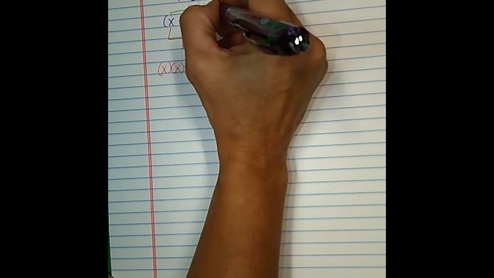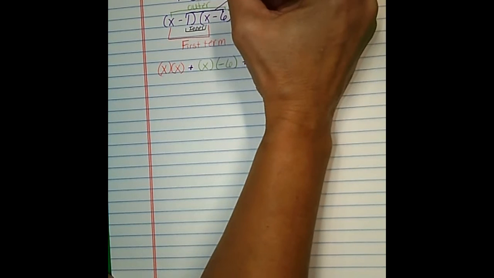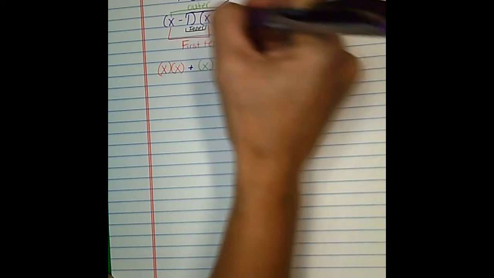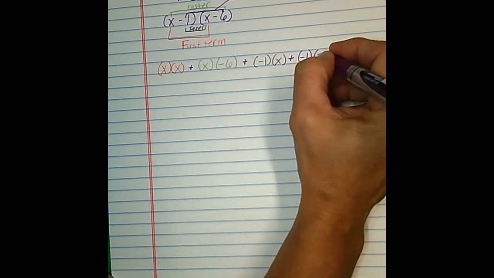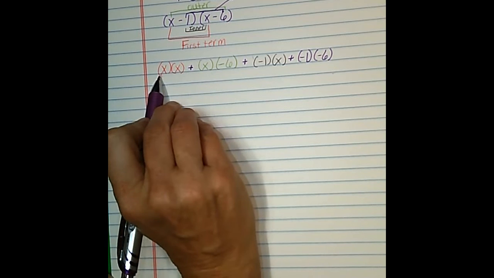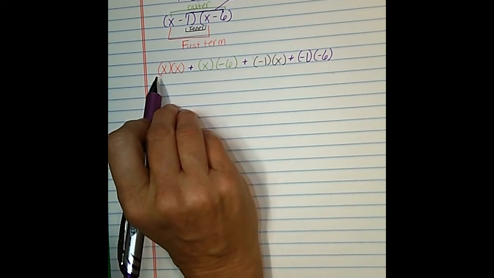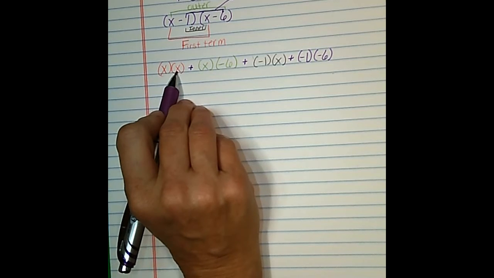Now we're going to do our last terms, and I'm going to go ahead and use this purple ink. My last terms in each parentheses, and this one stands for last term, and it is negative 1 times negative 6. So now let's clean up and simplify. X times x, well, the product rule of exponents means if I multiply like bases, I add the power.